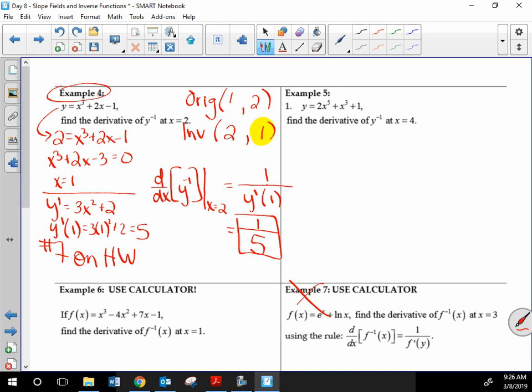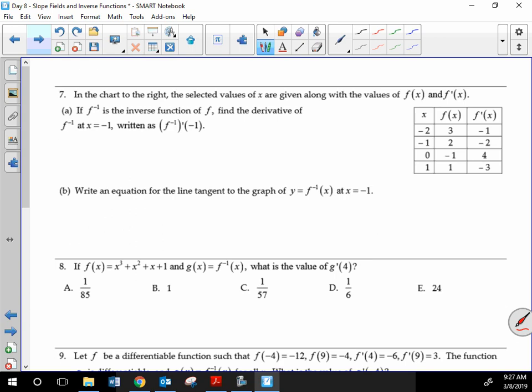Okay, do we get 1/5 for example 4? Do we have any questions? Okay, so let's take a look at that number 7 on our homework. So notice here, this is where they did not give us the function. So they gave us a chart of values. So this would be one where you couldn't do the inverse, you couldn't switch x and y just to simply differentiate.